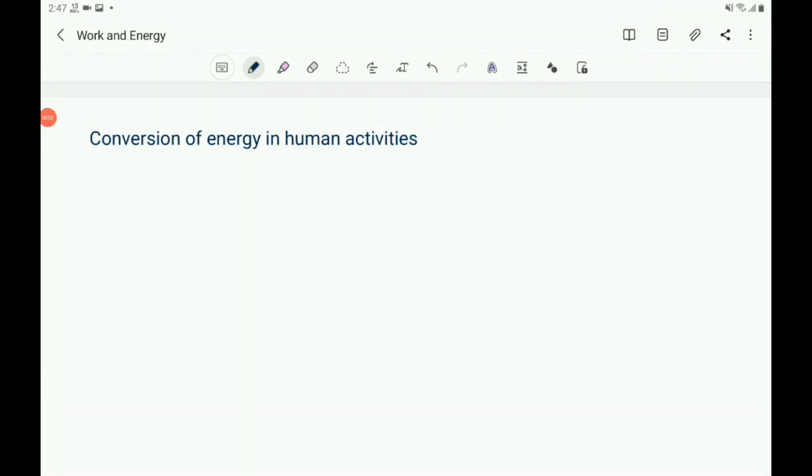Now about the conversion of energy in human activities. A human being eats food and the food has chemical energy. The food eaten by a human being is stored in the form of fat, and that energy is converted into mechanical energy, that is nothing but kinetic energy, by doing some activities.